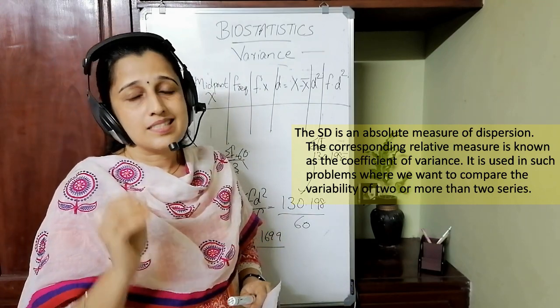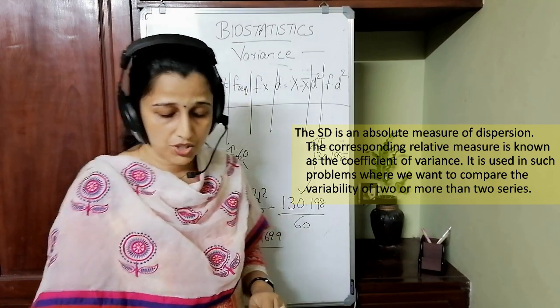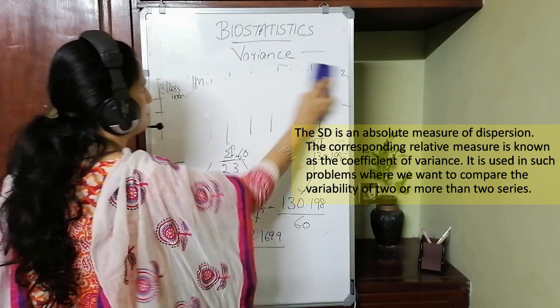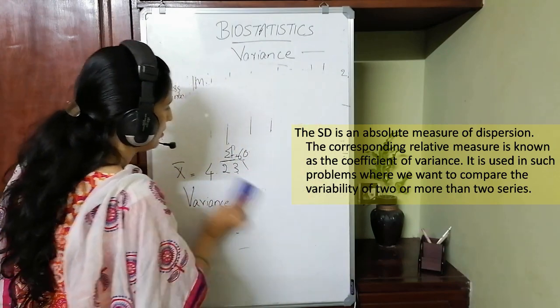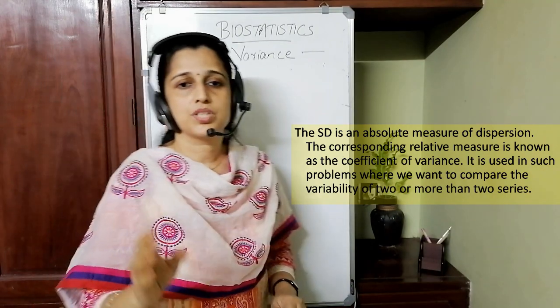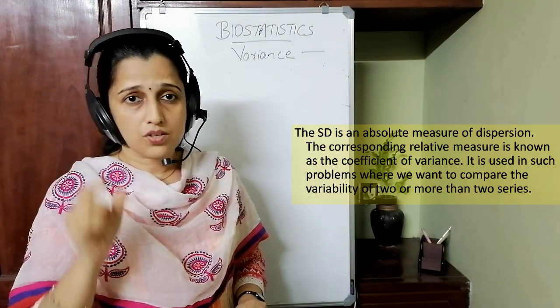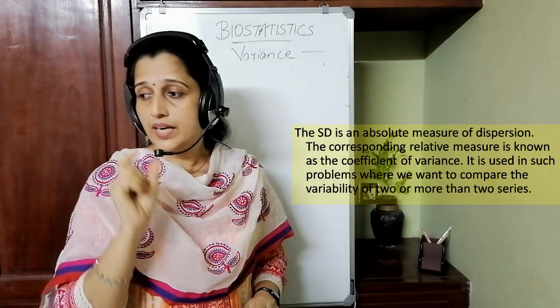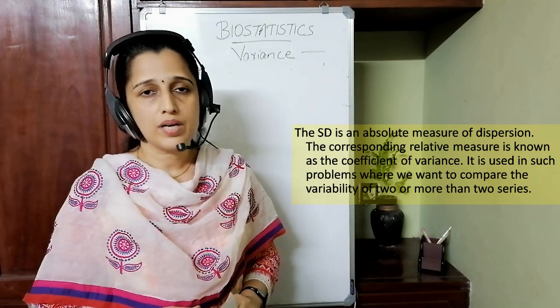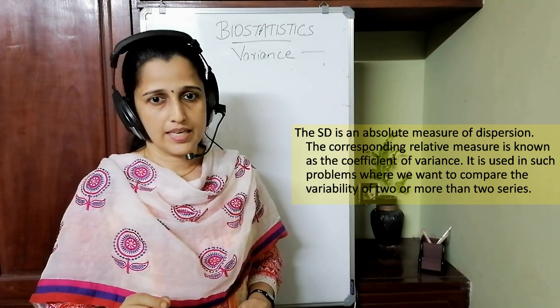So the standard deviation is actually an absolute measure of dispersion, and the corresponding relative measure is known as the coefficient of variance.